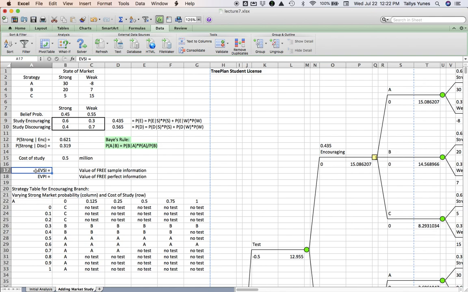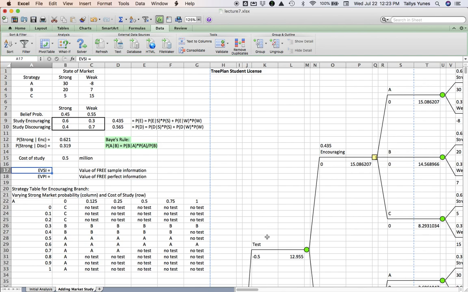It's called sample information because you can think of it as taking a sample of the world. If you're performing a survey, you're sampling a few people and then listening to them. So what is the value of sampling the world for some information? That's the EVSI.